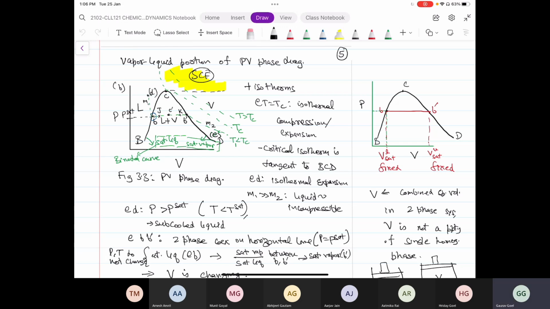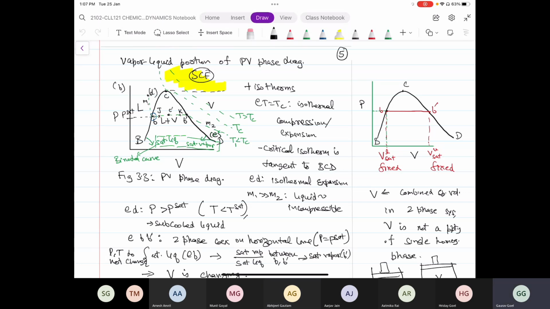In coexistence there is only 1 degree of freedom. If you fix temperature, as we do for an isotherm, pressure will also have a fixed value. Therefore for all points between B and B prime, including B and B prime, pressure is the same, and it is a horizontal line.